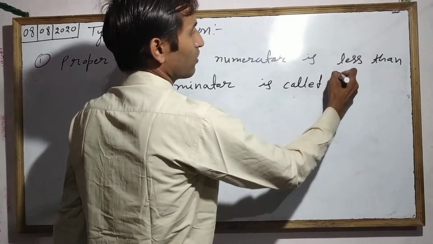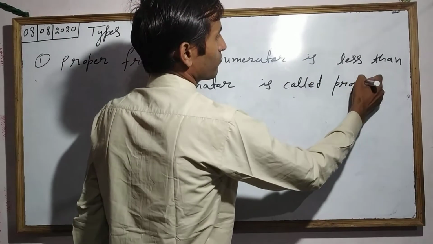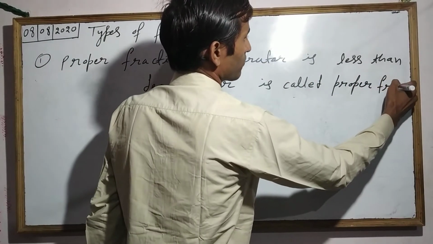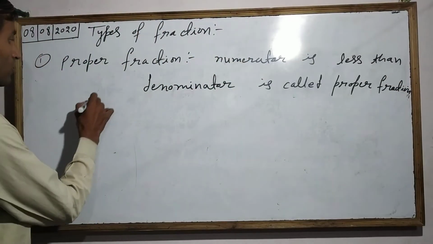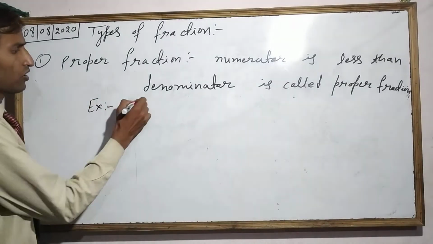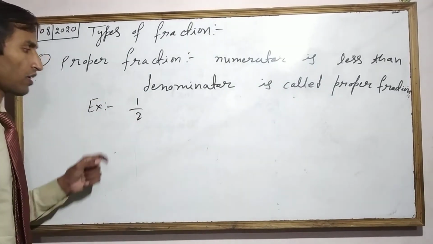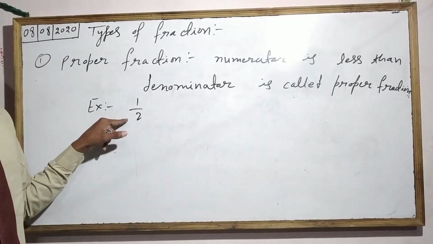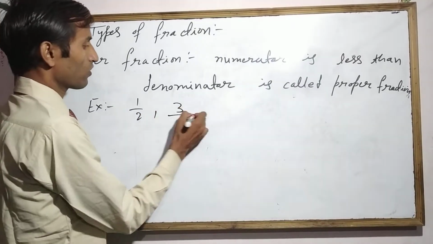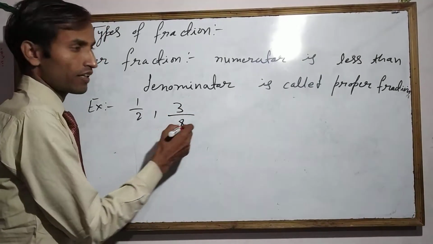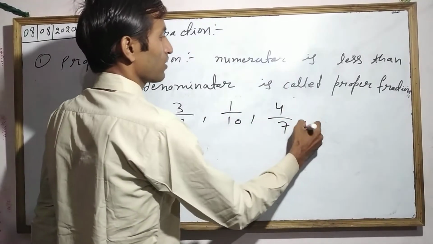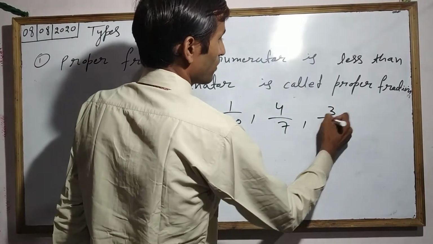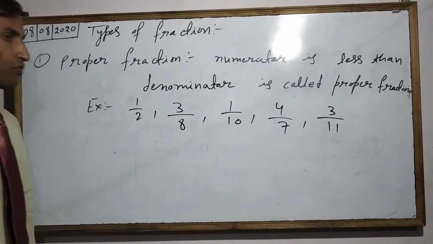For example, 1 upon 2, just you see here 1 is less than 2. Now 3 upon 8, 3 is also less than 8, and 1 upon 10, and 4 upon 7, and 3 upon 11. So these are the proper fractions.